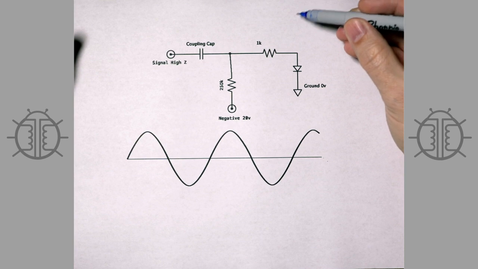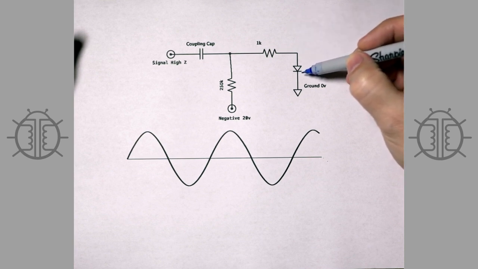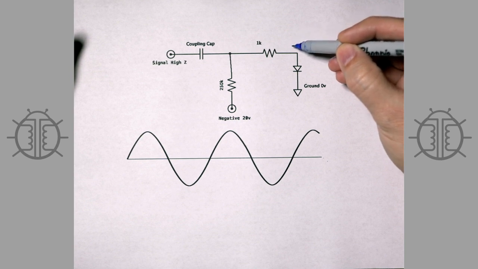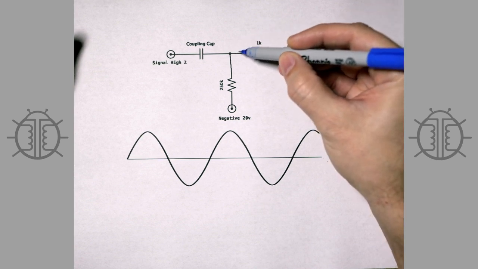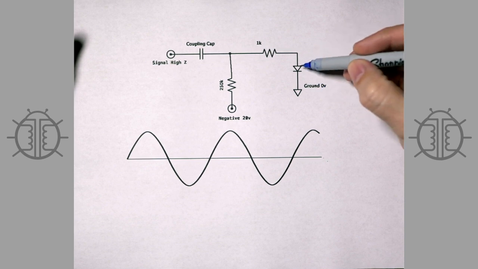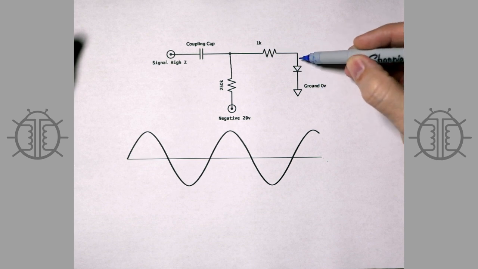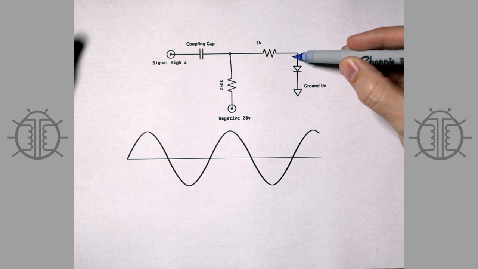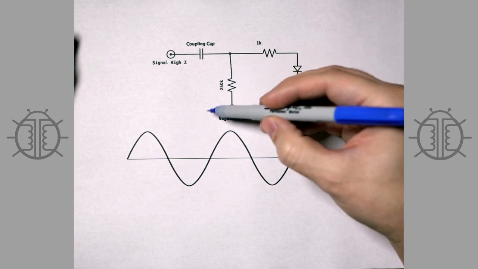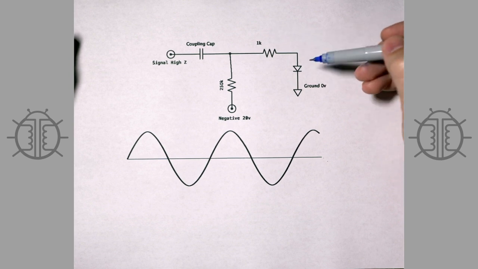I've replaced the tube with a single diode just to show that the impedance here is very high until the voltage rises above 0, at which point the diode is turned on. This is the grid-cathode diode action.